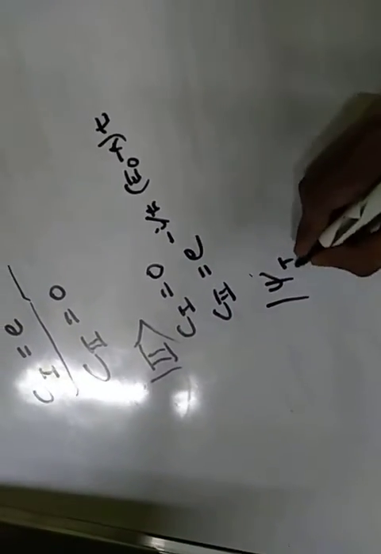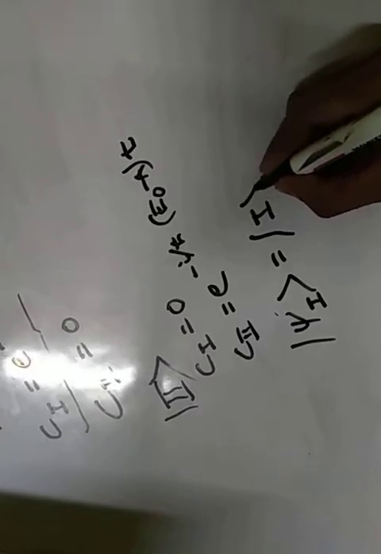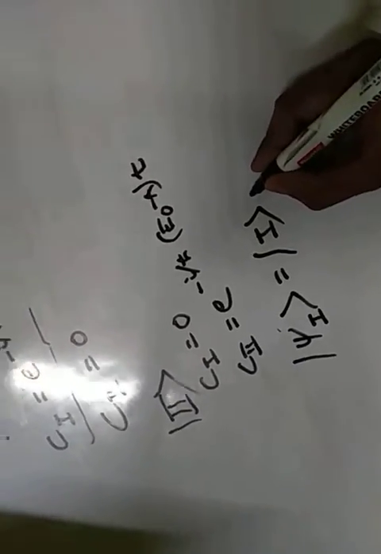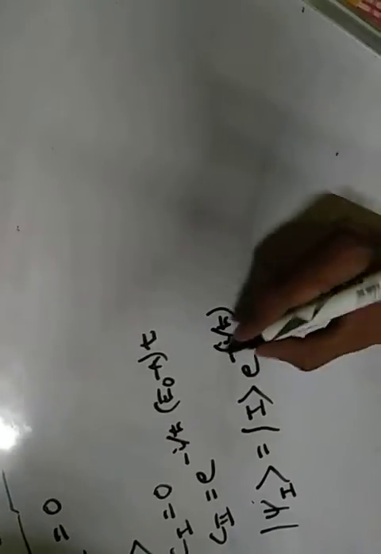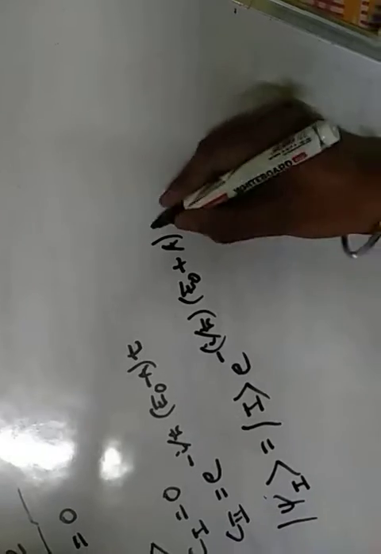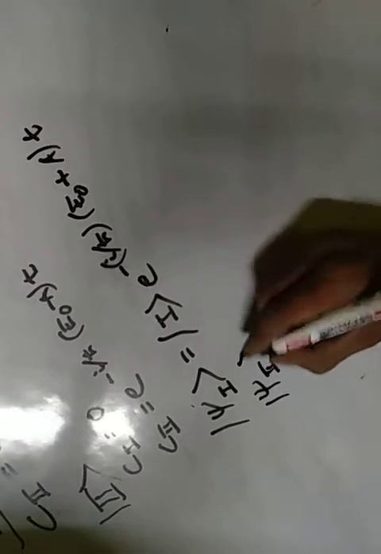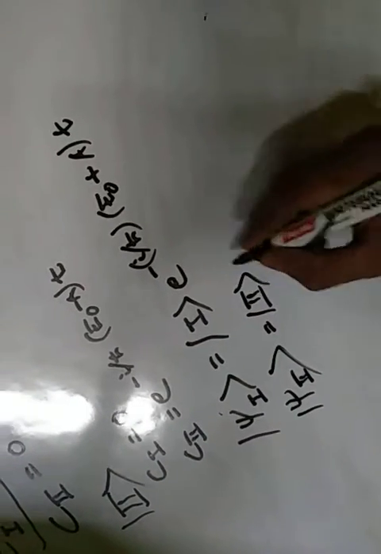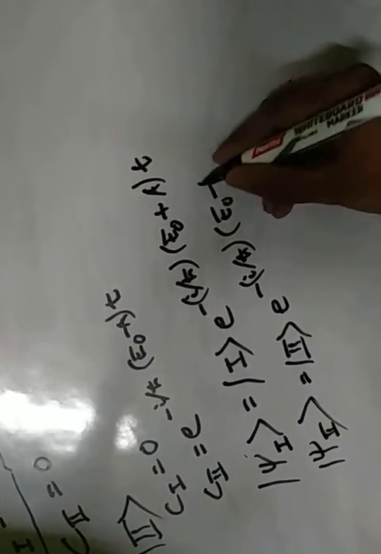Then for pure states, we know the time dependence: say psi Roman 1 will be equal to, if it was first in Roman 1, then it would stay in Roman 1, and its time evolution will be e to the power minus i by ħ times (E naught plus A) times t, and psi 2 is equal to e to the power minus i by ħ times (E naught minus A) times t.